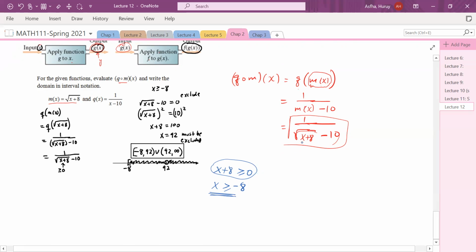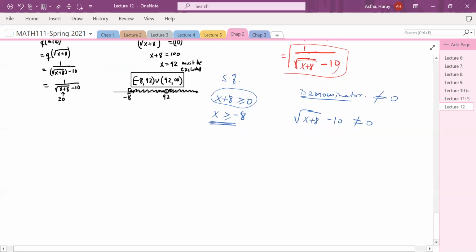This was from the square root. Another restriction is from the denominator. Every denominator has to be different from 0. In this case, we want the square root of x plus 8, minus 10, to be different from 0. To find the value of x which makes this 0, we just ignore the not-equals sign and replace it by an equal sign.